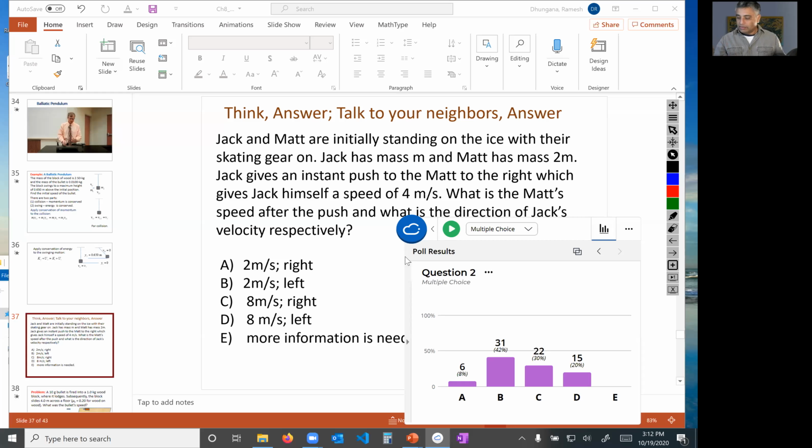The velocity of 1 is 0, and the velocity of 2 is also 0. So the total initial momentum is 0. The total final momentum has to be equal to 0 as well, because total final is the same as total initial.